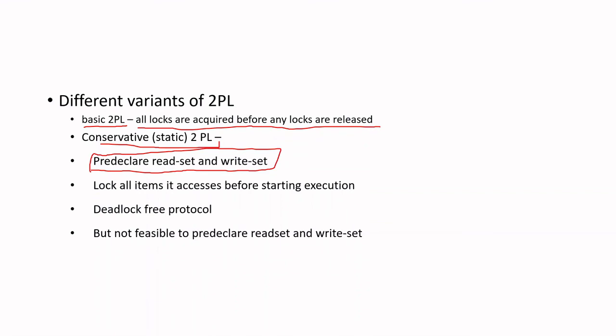So we have to pre-identify what the read set and the write set are, and at the very outset, before the transaction starts executing, or before any of the operations happen, we have to lock all the items. So that is what this conservative or static two-phase locking is. And this is deadlock free, but it is not feasible because identifying the read set and write set as well as locking all the items at the beginning might not be feasible.